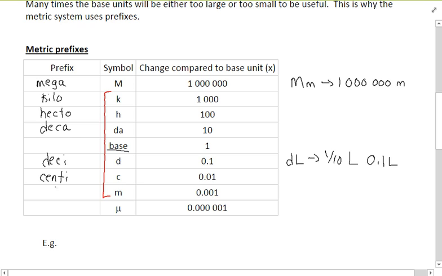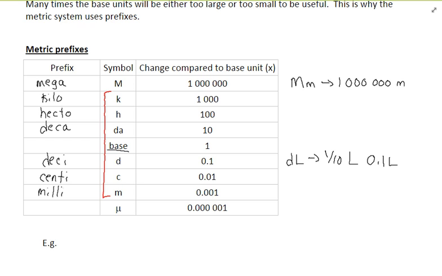M is milli, which is 1,000th of a base unit. Then you get into that funny looking U, which is the Greek letter mu. It stands for micro, and it would be a millionth of your base unit.